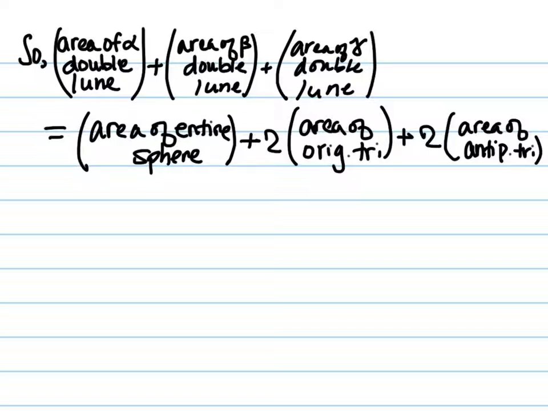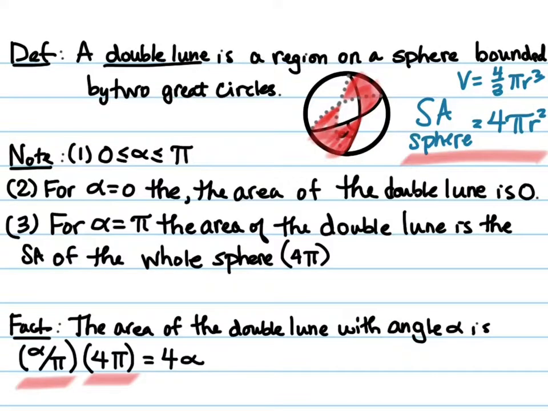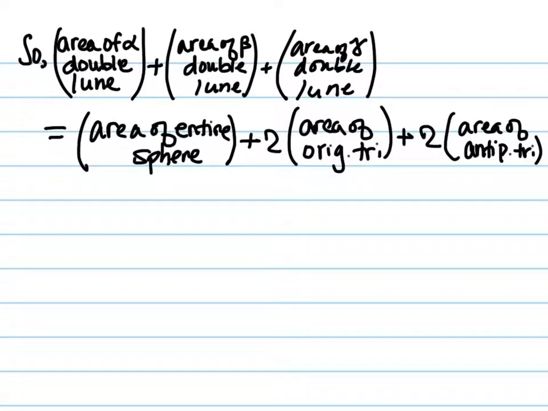So let's see if we can identify what some of these values are. What's the area of the alpha double lune? We talked before about how we find area. How do you find the area of a double lune? It's 4 alpha. What is the area of the beta double lune? 4 beta, and the gamma double lune, 4 gamma, right?